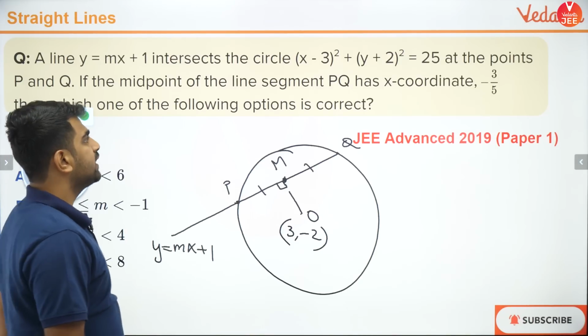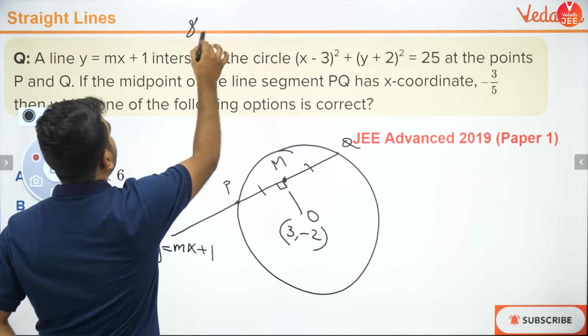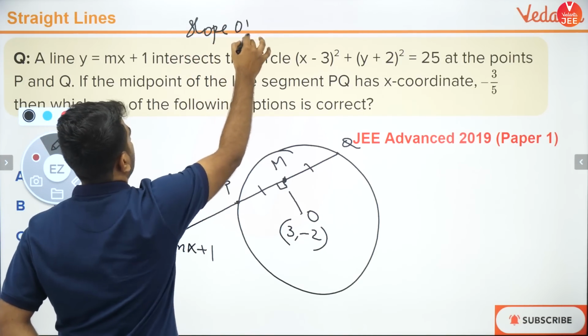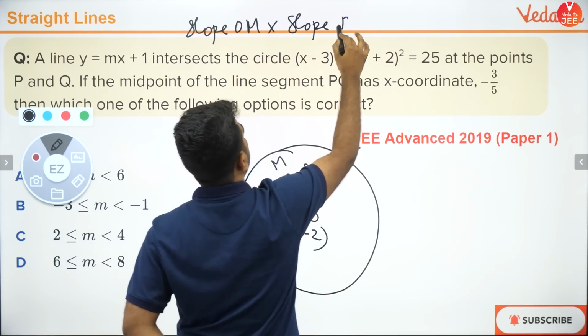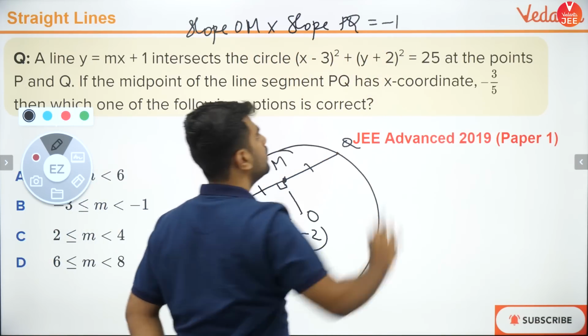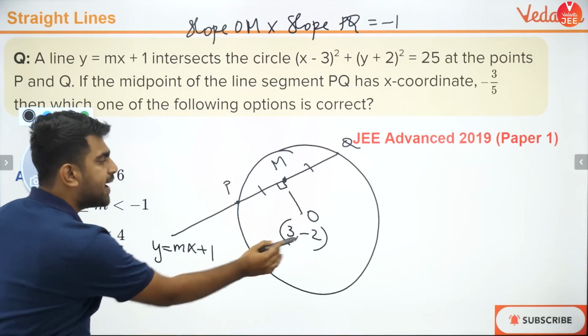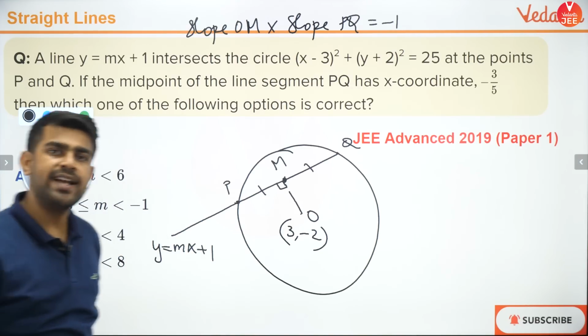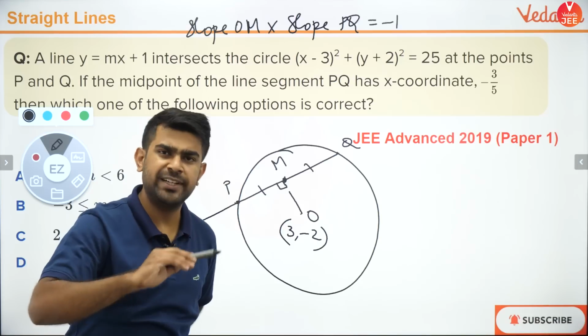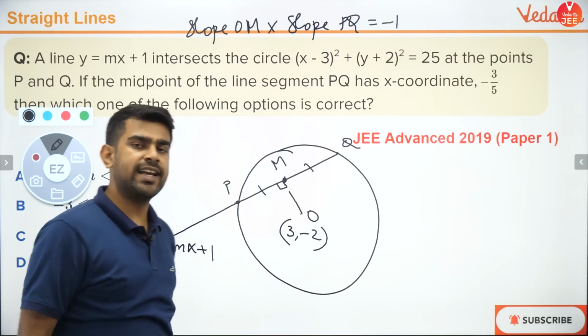Perfect. Now, can I say slope of OM into slope of PQ is equal to minus 1? Because OM is perpendicular to PQ. Therefore, the product of their slopes will be minus 1. Pretty simple concept. Isn't that correct, guys?